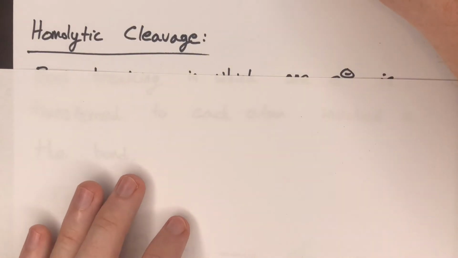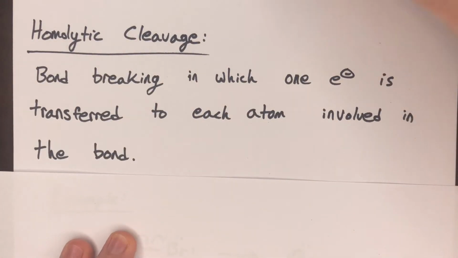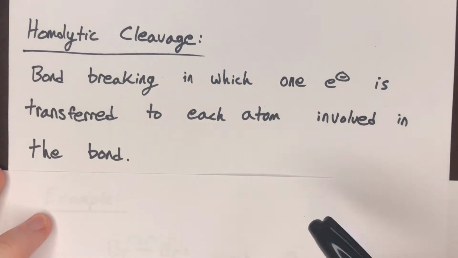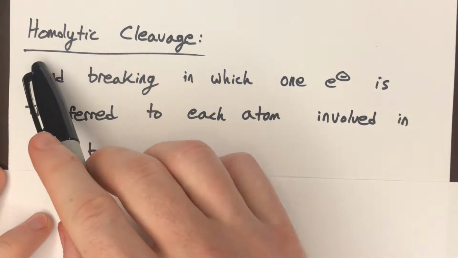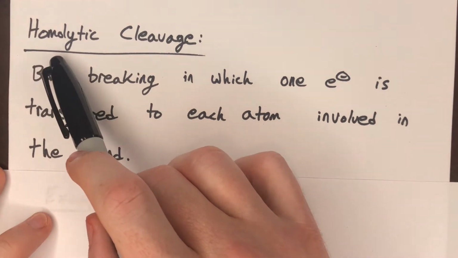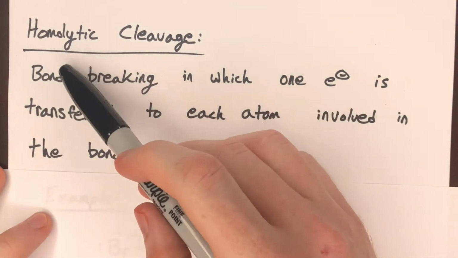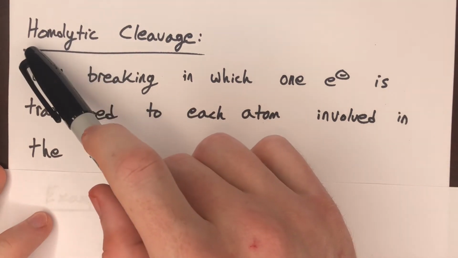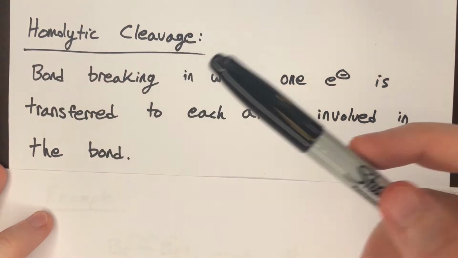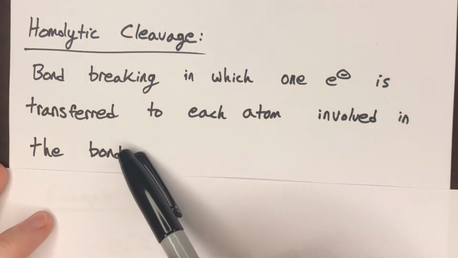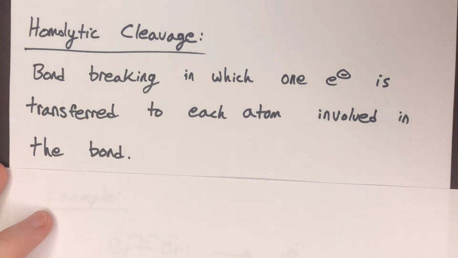So this is a specific type of bond breaking in which one electron is transferred to each atom that is involved in that bond. So it's homolytic because homo means same, lytic means cleaving, it means breaking. So homolytic means same breaking, and then cleavage is the bond breakage. So this is the same amount of electrons moving to both atoms involved in the bond.